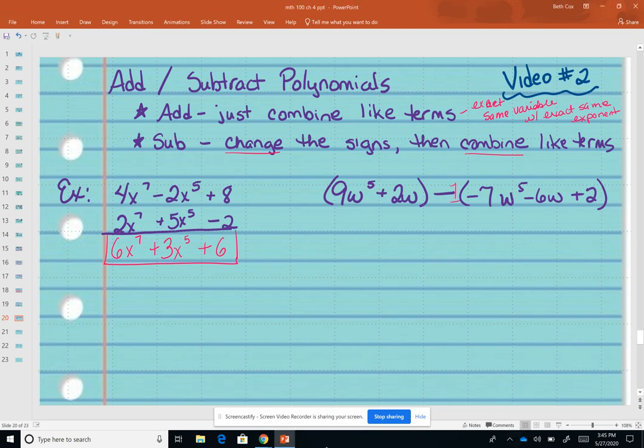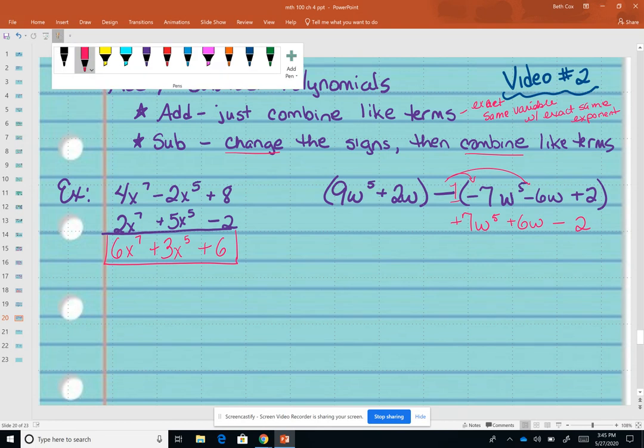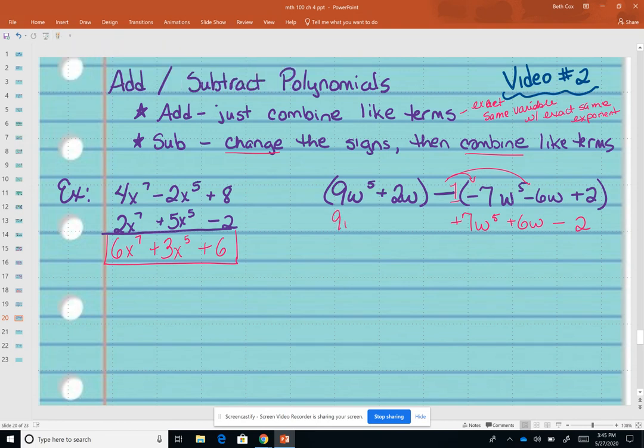Some people would say, well, let's just distribute the sign. Absolutely correct. So that's going to give me a positive 7w to the 5th, a positive 6w, and a minus 2. And so now I combine that with the terms I already have.